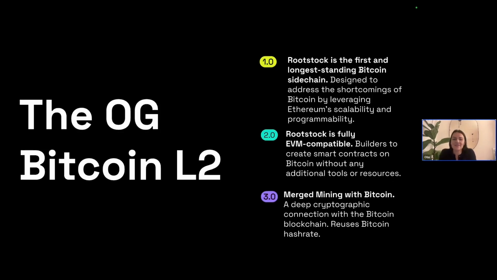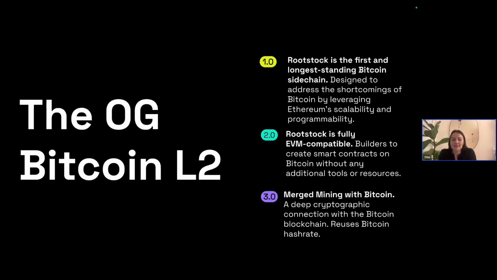So a bit of a recap. If you attended Amja's session yesterday, it was a very good introduction. So Rootstock, what is it? Rootstock is the first and longest standing Bitcoin sidechain. We've been on mainnet since 2018, so over 6 years now.